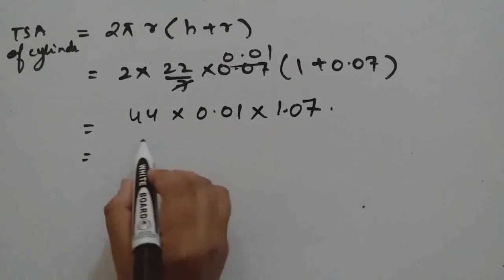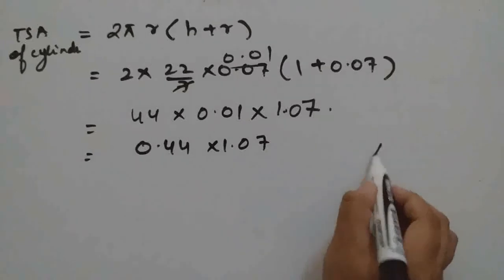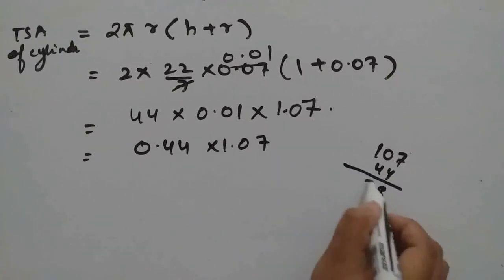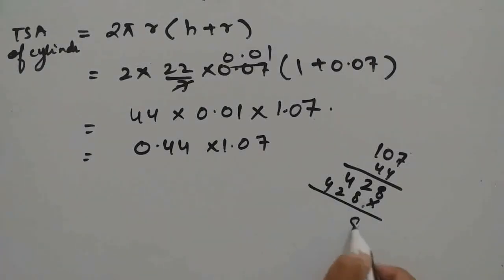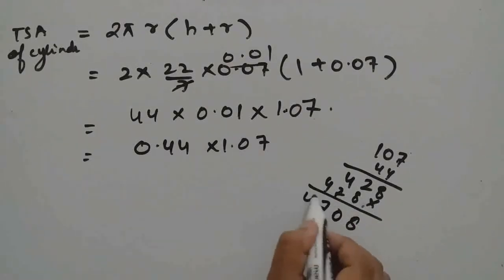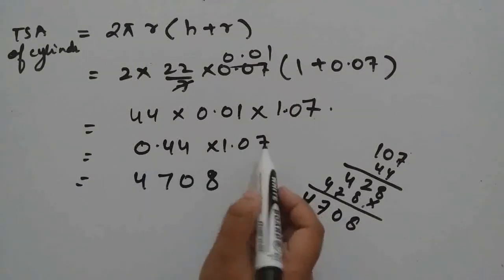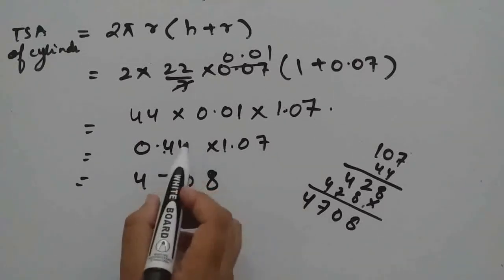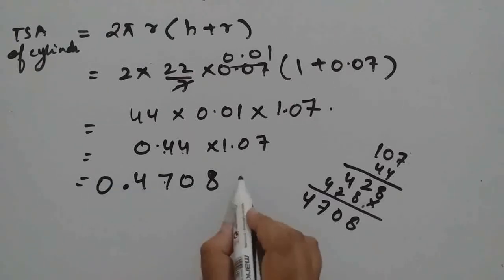So this will be 0.44 into 1.07. So to multiply you can avoid the decimal first. So we'll get 4708. Now count the number of digits: 1, 2, 3, 4. There are 4 digits after the decimal. So 1, 2, 3, 4. Put the decimal, 0.4708 meter square.